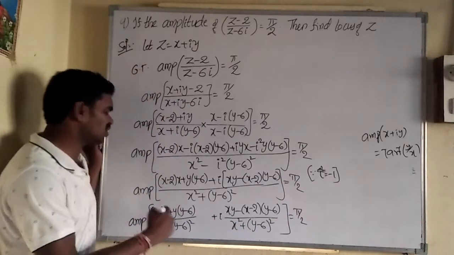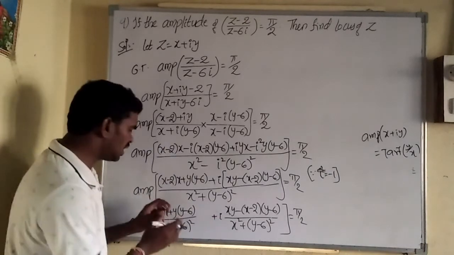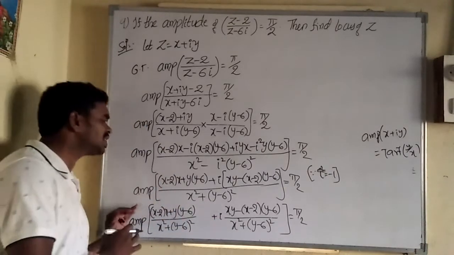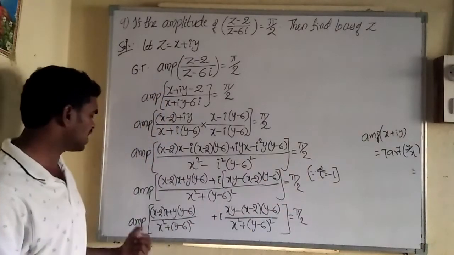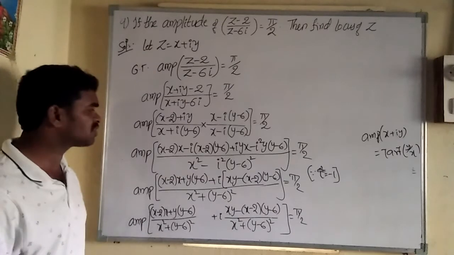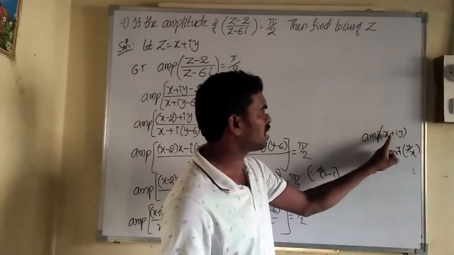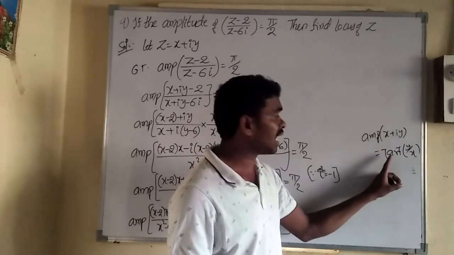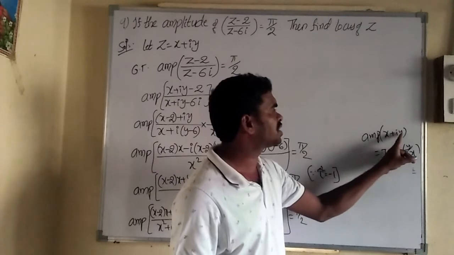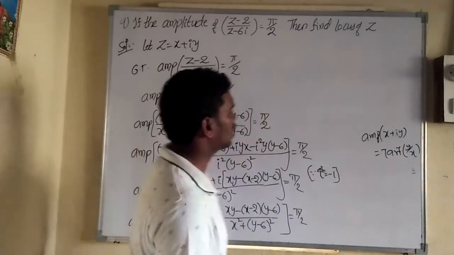Now think about what the amplitude is. If the question is about the real part, then take only the real part. If the question is about the imaginary part, then take only the imaginary part equal to something. But here it is amplitude. What does amplitude mean? For the amplitude of z, where a real part and an imaginary part are there, the amplitude of the term is tan inverse of the i coefficient by the real part, meaning the imaginary part by the real part.